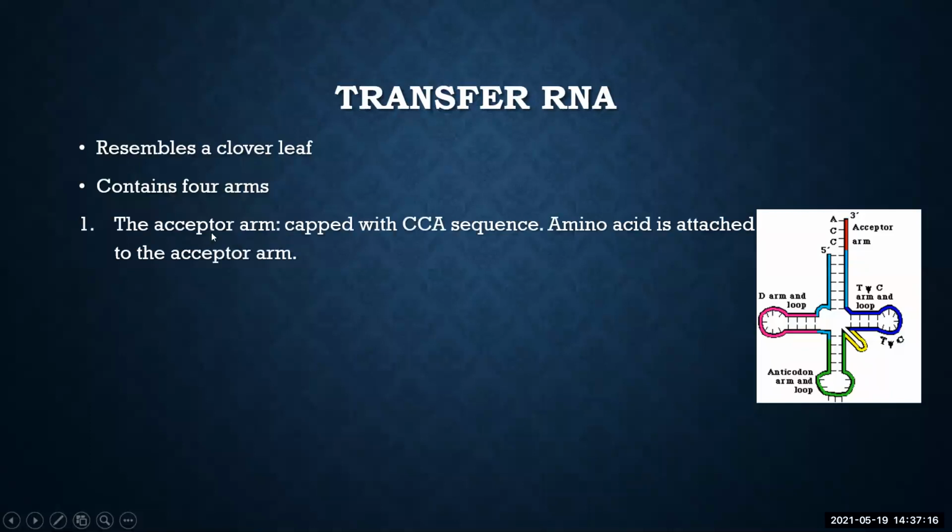Number 1, the acceptor arm. It is capped with a specific sequence, CCA. This is the location where amino acid is attached to the acceptor arm. So this line brings new information to the topic. It says amino acid. As you know, every protein is made up of many units of amino acids.